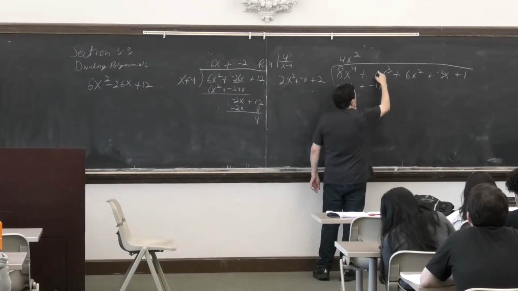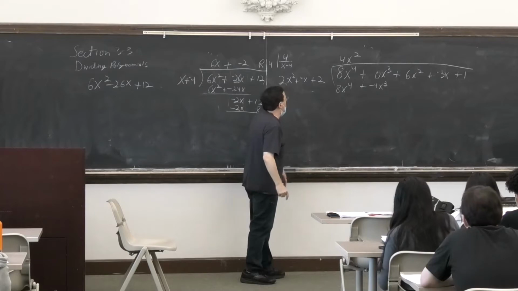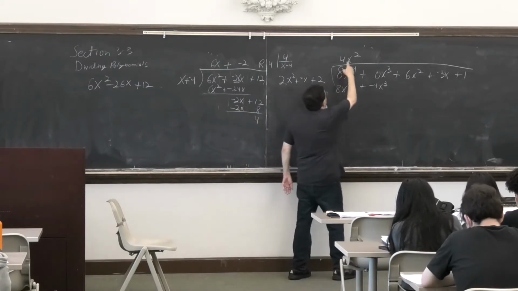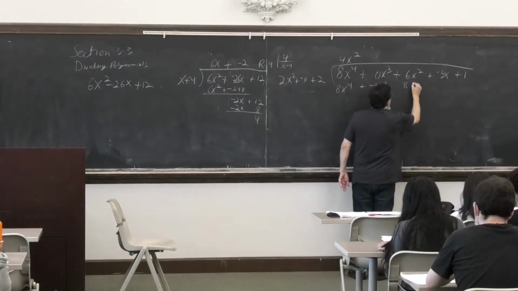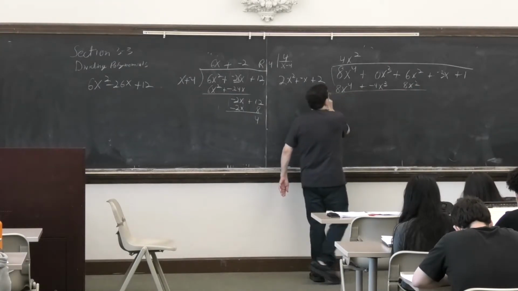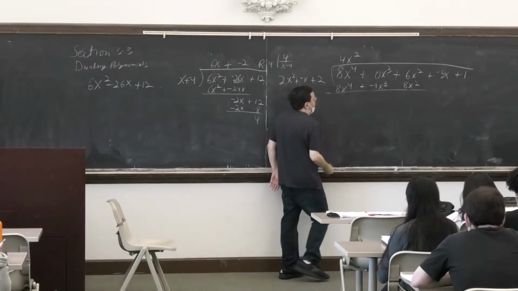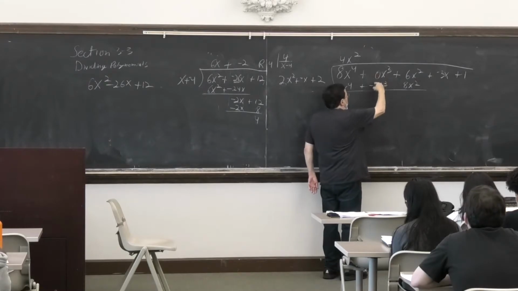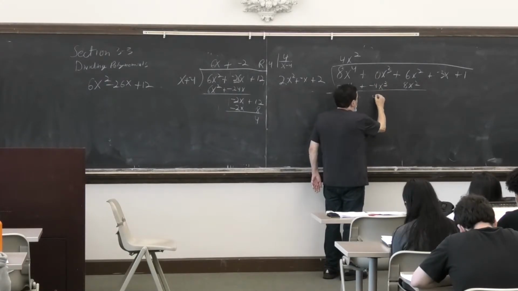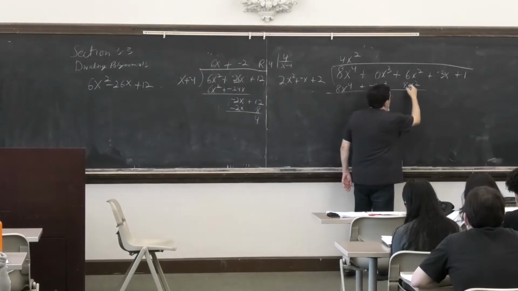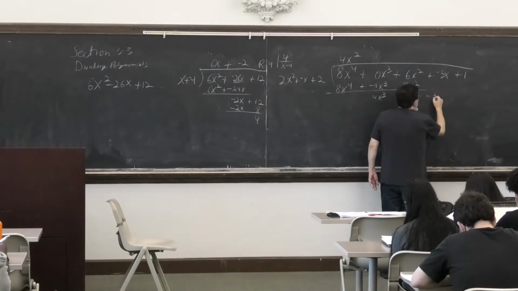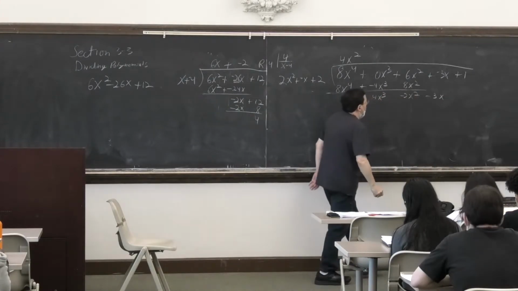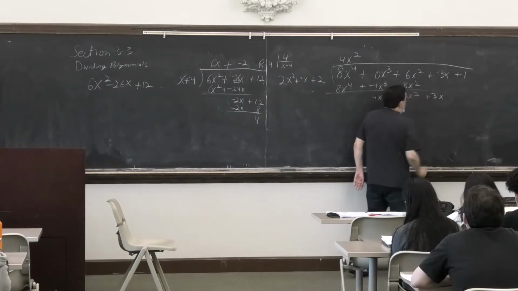You see why I put in the 0 here. I'm going to need that column. And now 8x squared. When I subtract, I'm always going to get a 0 here. 0 minus 4 is 4x cubed. Minus 2x squared. And I'll bring down the next term.